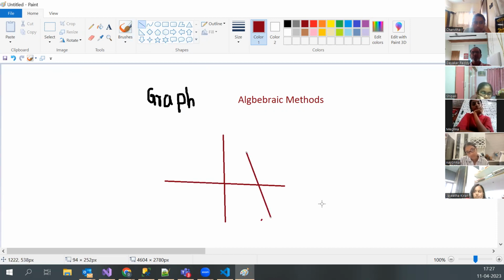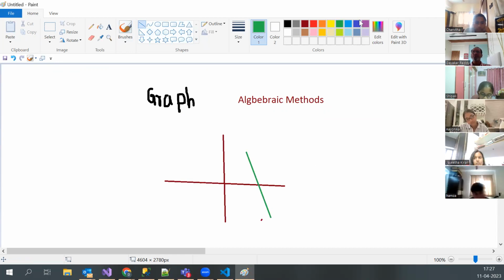Probably this is line 1, or I can say equation 1, and the other one is called equation 2. These two lines may intersect, may not intersect, or both may intersect together, which means both are coincident.